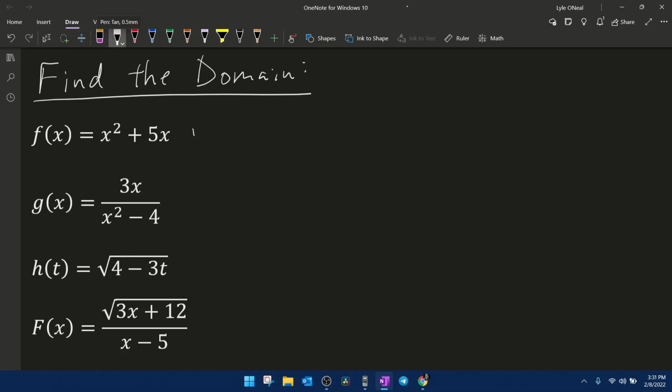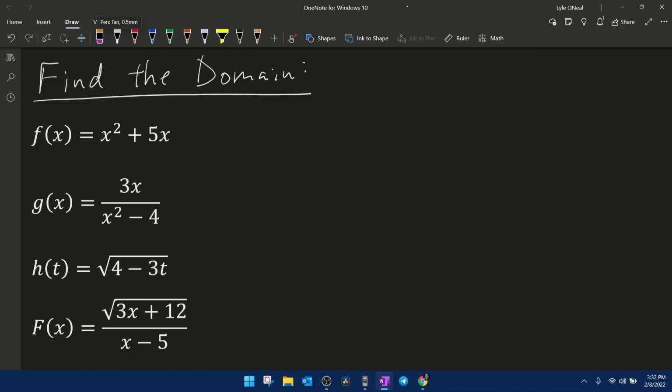The first function is a polynomial function, specifically a quadratic function. What you need to know is that the domain of every polynomial function is always all real numbers. In other words, there are no restrictions on the domain if your function is a polynomial.